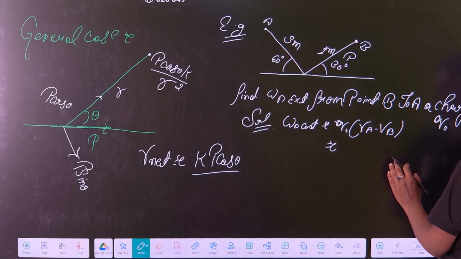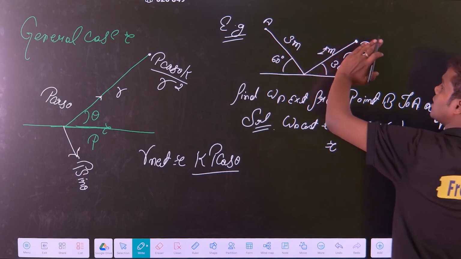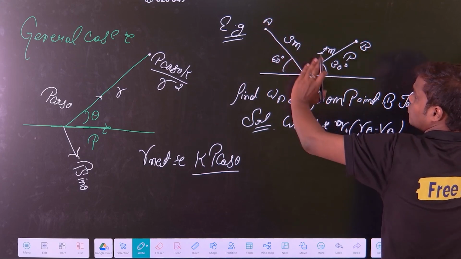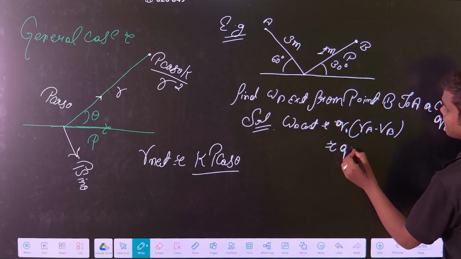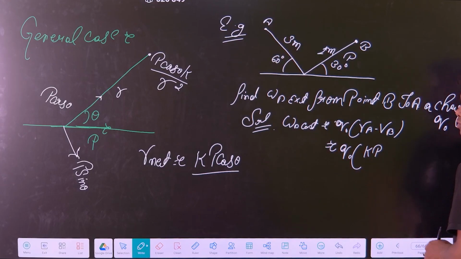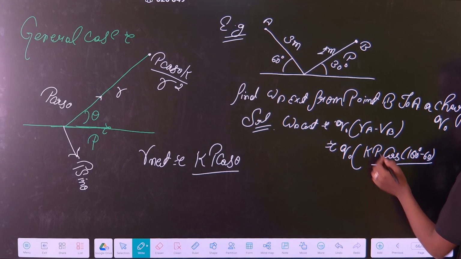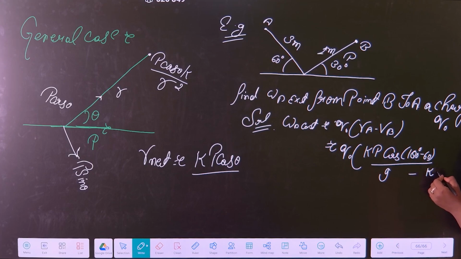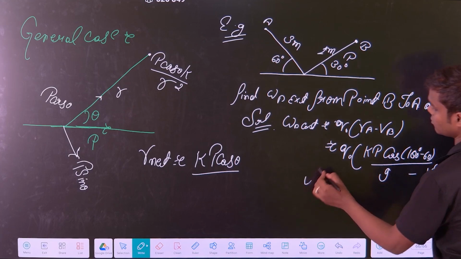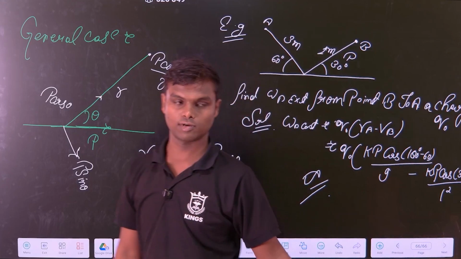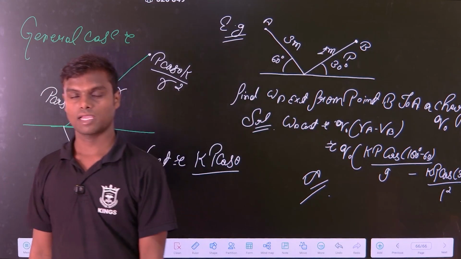So this is the potential at B and A. What is the potential at A? It will be Kp into cos 60, or cos 180 minus 30, because we are taking from horizontal, 180 minus 60, divided by 3 square, that is 9, minus what is the potential at B? Kp into cos 30 degree divided by 1 square. That is the answer. Now you calculate this. Whatever value you get, that is the answer. Clear? Any doubt till here?